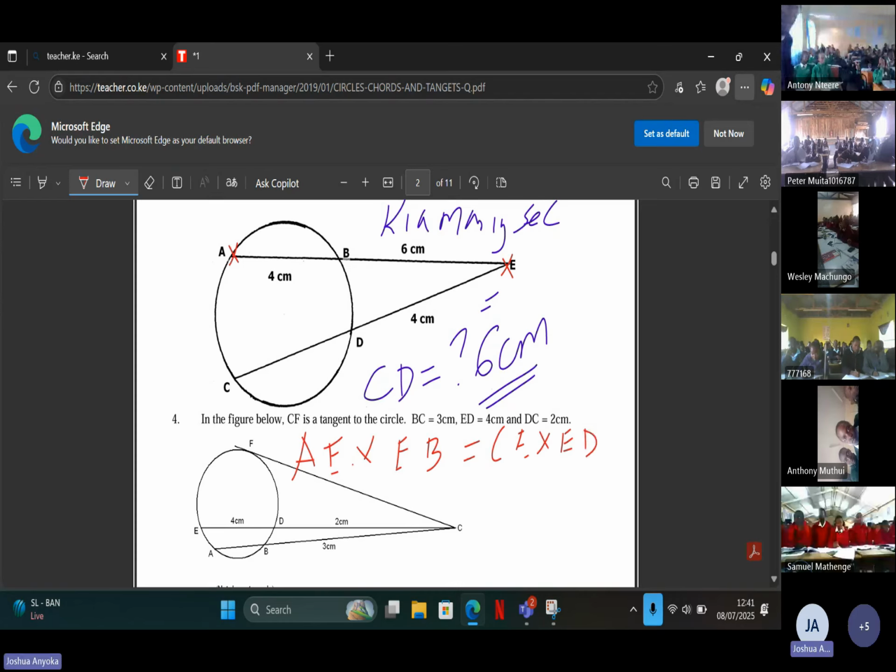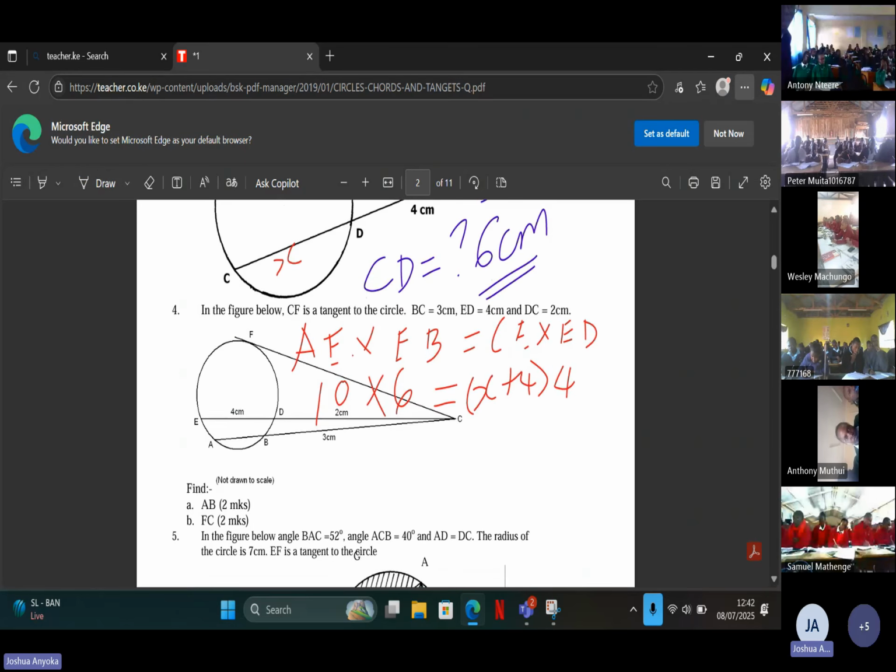Substitute what we know. We let what we don't know, CD, be x. AE is 10 times EB is 6 equals EC is x plus 4, and ED is 4.